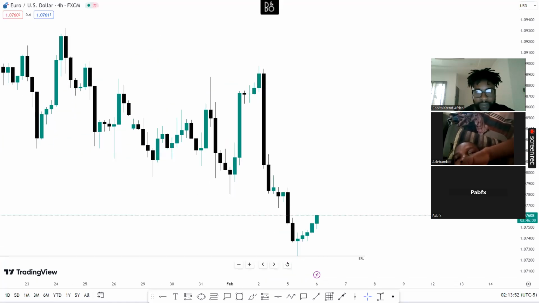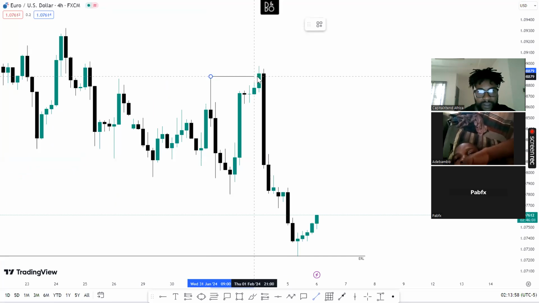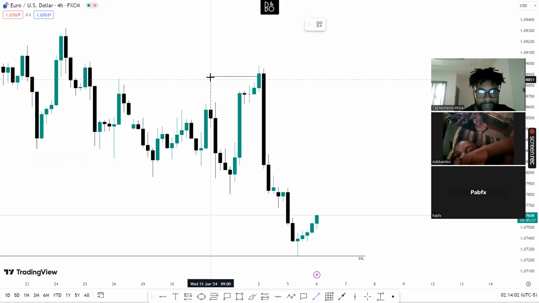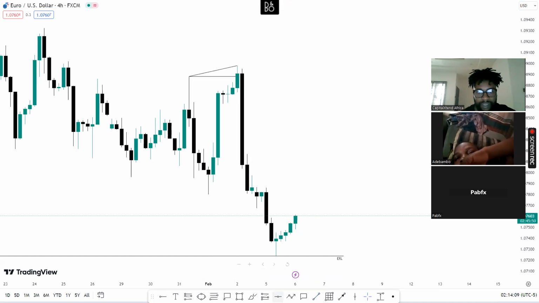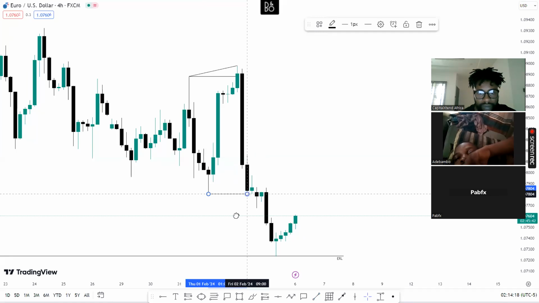Now, during our weekly analysis, we talked about the stop hunt here and also an SMT divergence. So what else are we seeing here? We can clearly see a break of structure to the downside, while we saw a break of structure to the upside on dollar index.